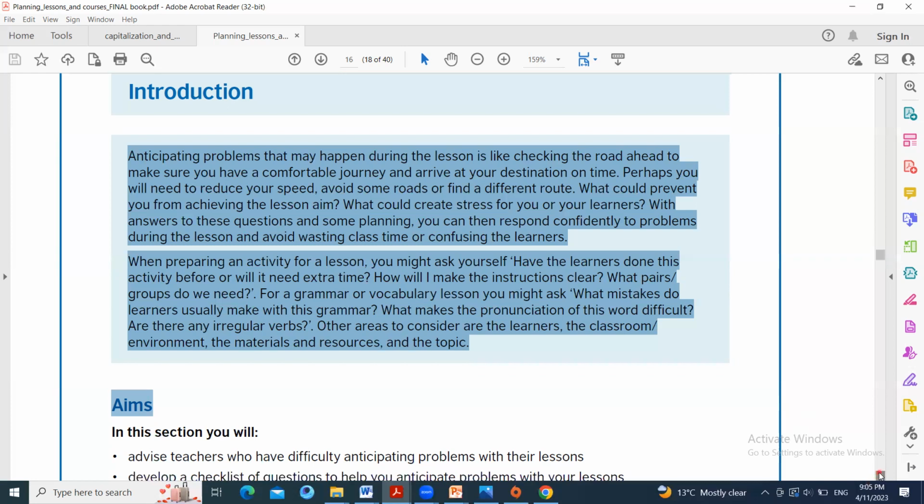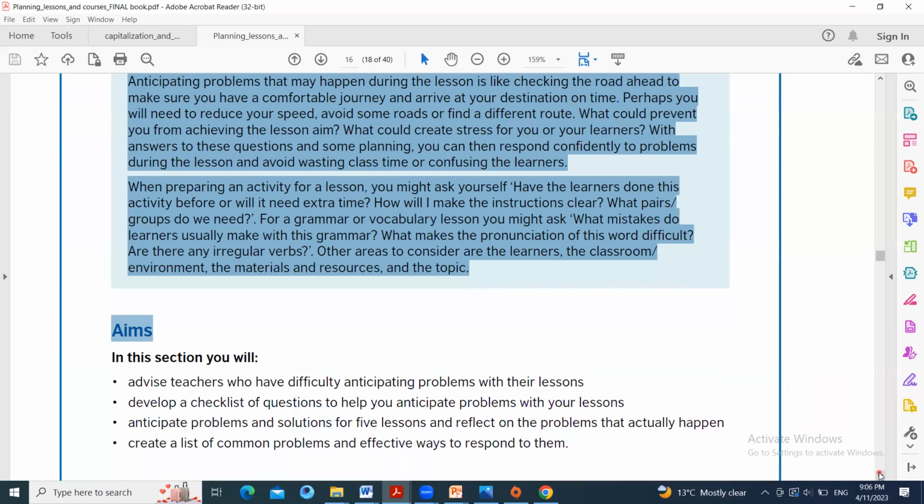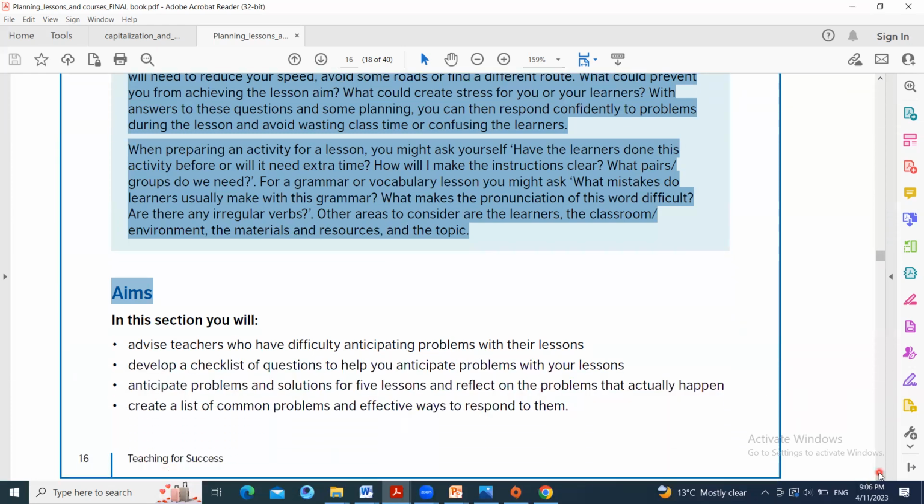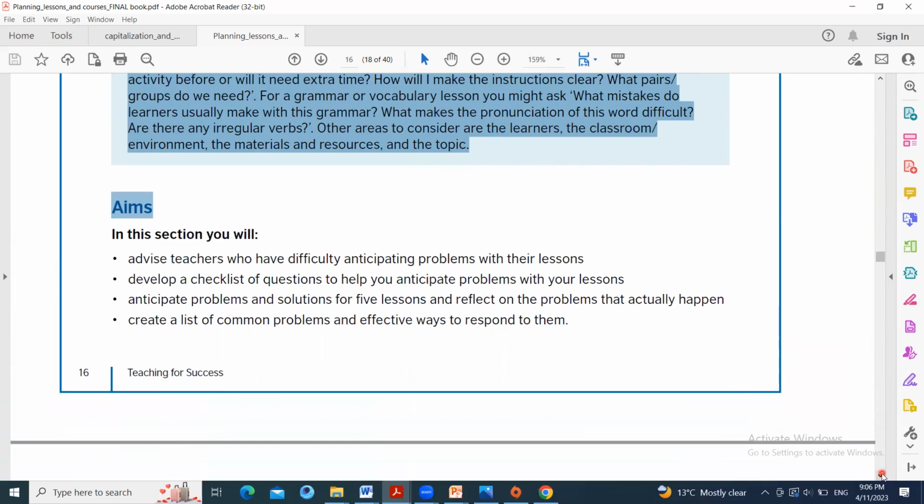So, what about the aims? In this section, you will advise the teachers who have difficulty anticipating problems with their lesson.